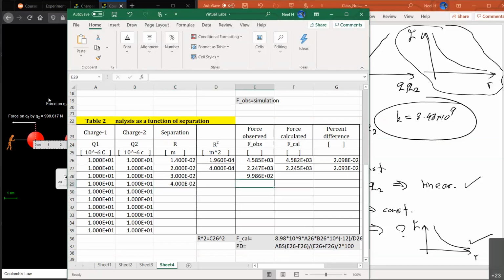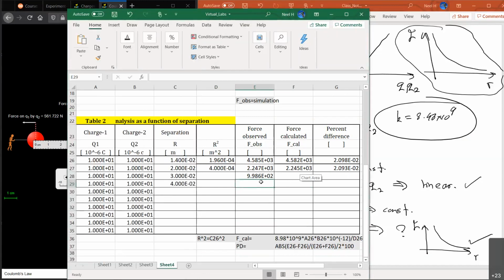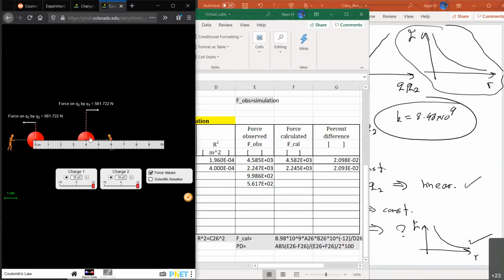Observed value. 4 centimeter. Midpoint should be at 561.72. Then 5 centimeters.